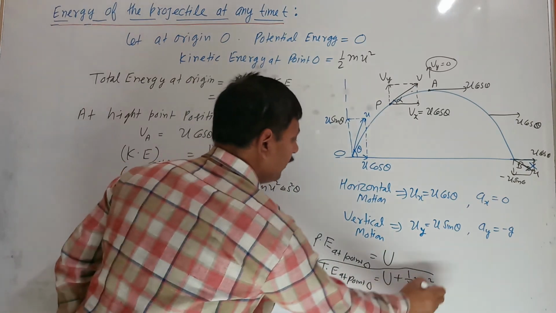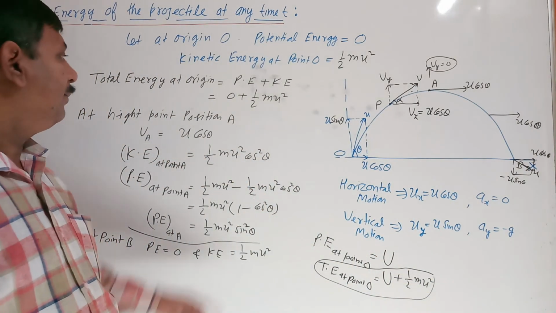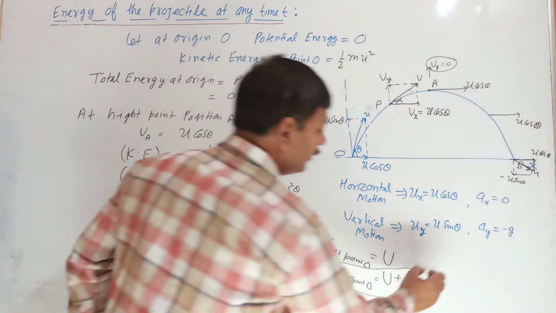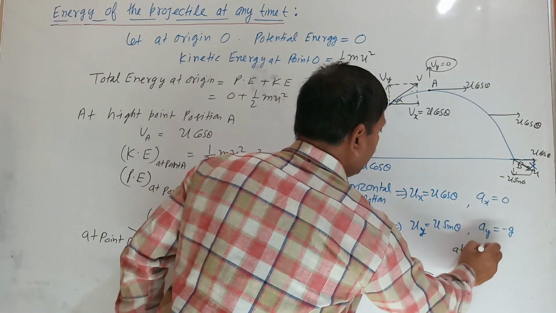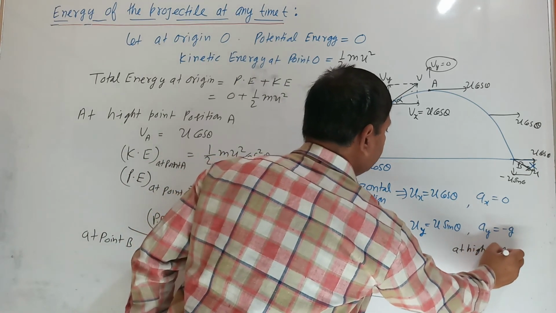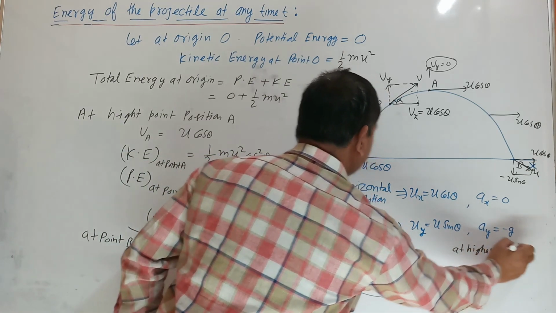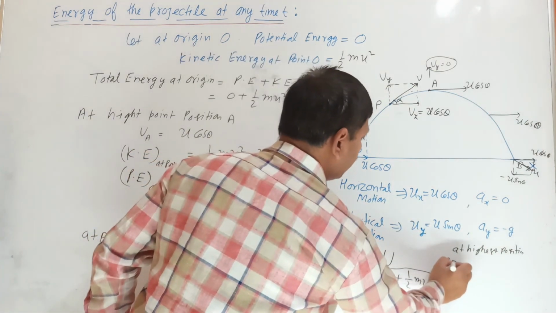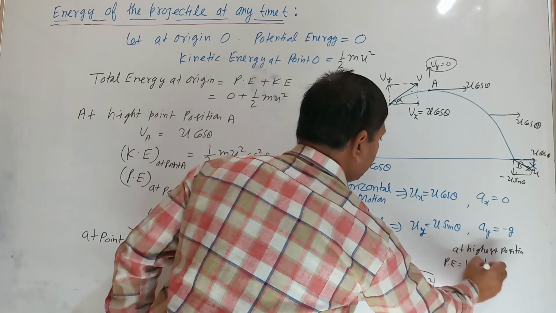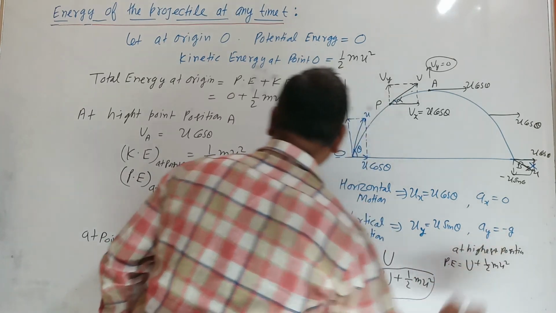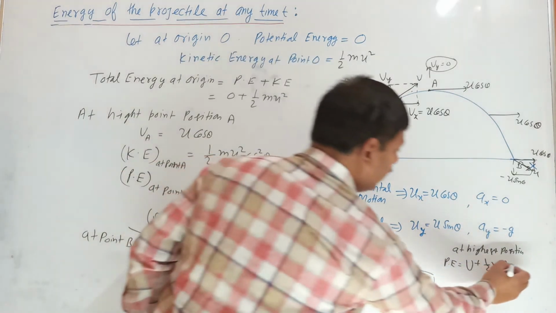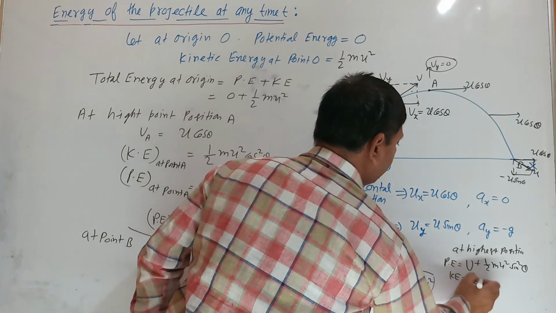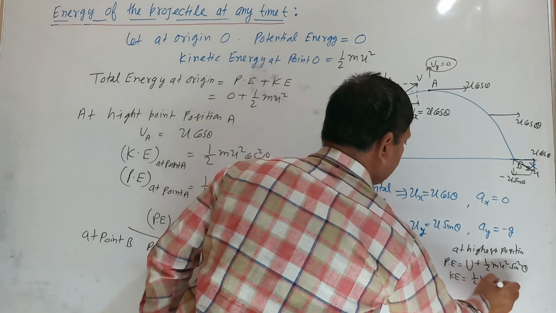This will be the same. At the highest position, U will be added here. The potential energy will be U plus half m u square sin square theta, and the kinetic energy will be half m u square cos square theta.